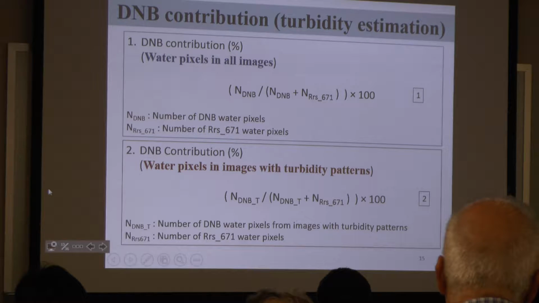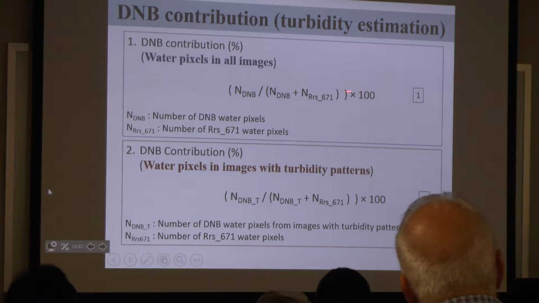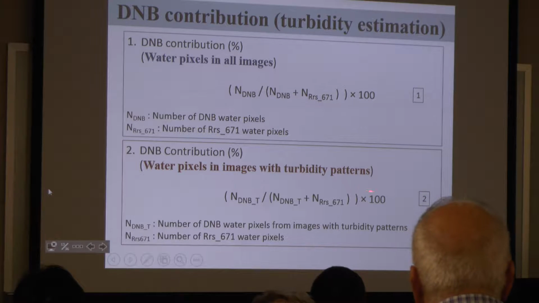Therefore, to calculate these two contributions, we use two different equations. The first one, equation 1, calculates the water pixels in all images. The second one calculates the water pixels in images with turbidity patterns. The difference to be noticed here is that equation 2 also removes the sun glint and moon glint pixels, because those pixels could possibly introduce some uncertainty in estimating turbidity. So those pixels are removed.